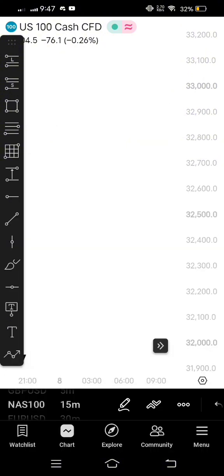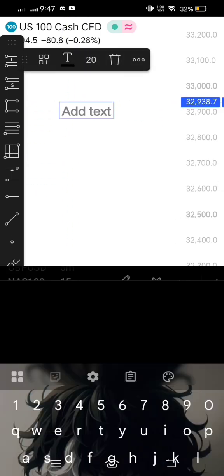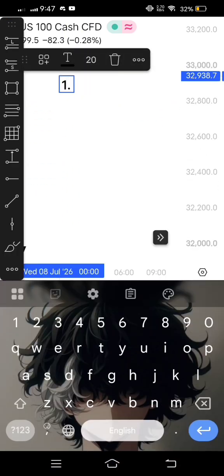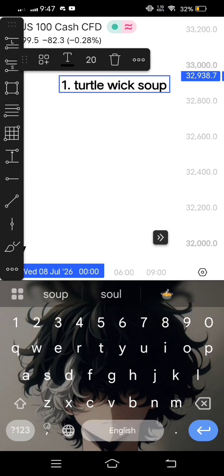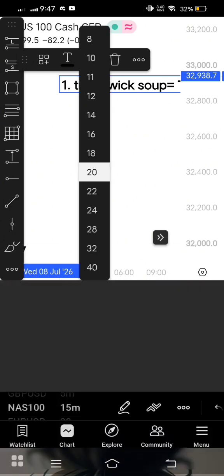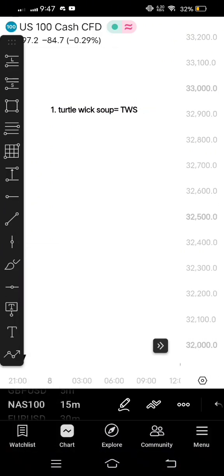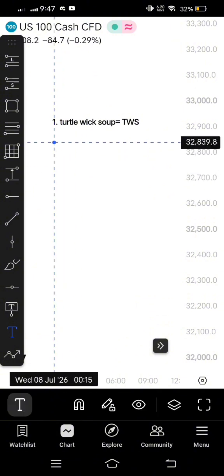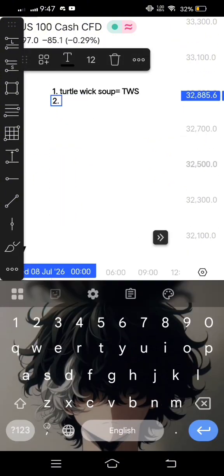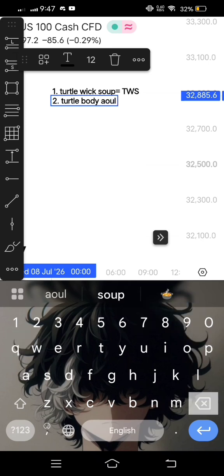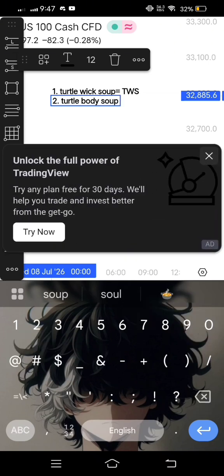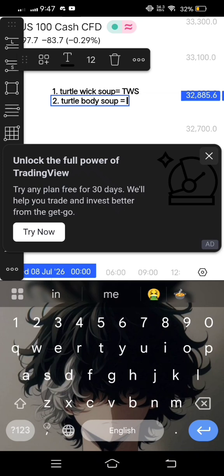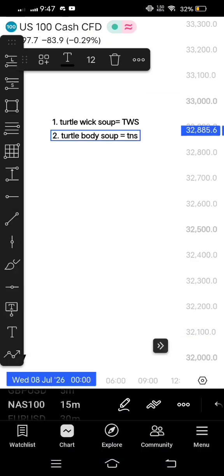Now there are two types of turtle soup. One is turtle wick soup, which we call TWS for short. The other is turtle body soup, which we call TBS in short.